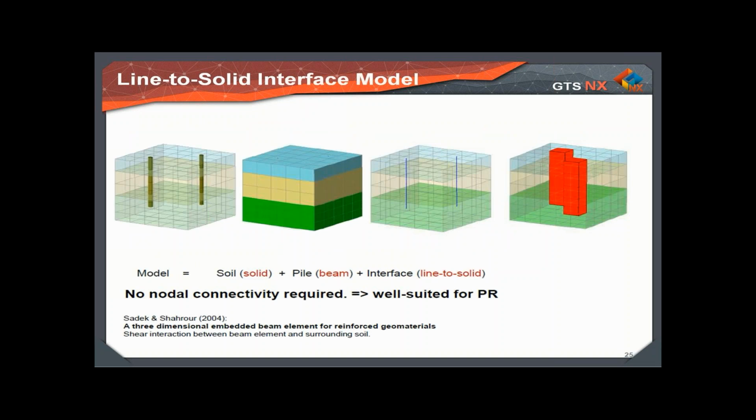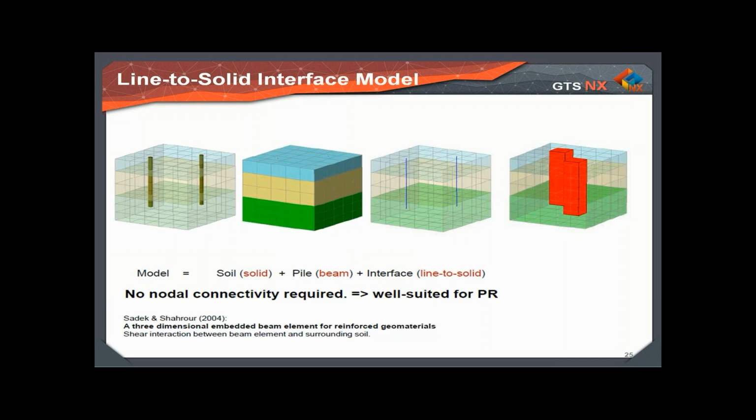The third option we have is to use this embedded pile or pile element, and with the embedded pile, you don't need to worry about the nodal connectivity between the pile itself and the surrounding soil. So you can model your soil completely independent of the piles, and the piles themselves can be placed arbitrarily in the soil, going through the solid elements.